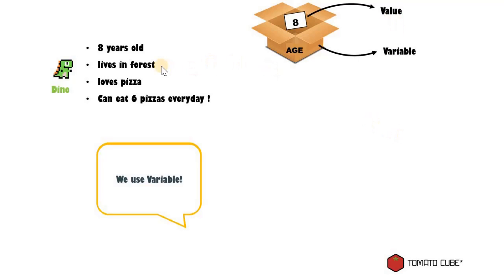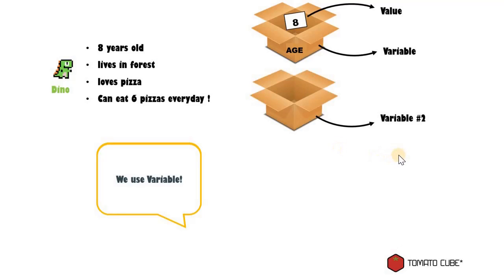And then the next information that I would like to tell the computer is that Dino lives in forest. Since a variable can only keep one value, I need to create a second variable. And in the second variable, I will name it home, which is gonna store where my Dino lives. And Dino lives in forest, so I'm gonna put a forest inside the box.